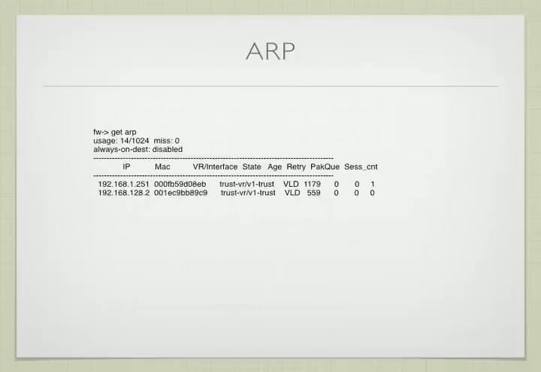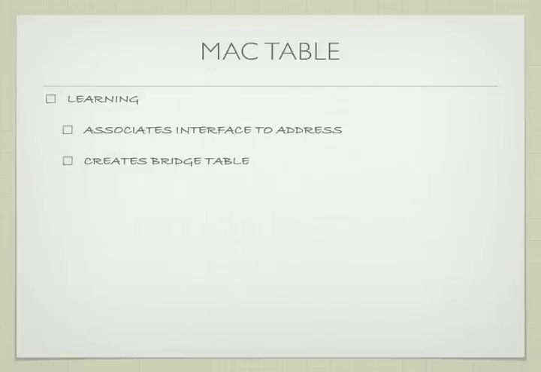Our ARP table will show us what IP addresses are associated with which MAC addresses that the device is seeing transit traffic for, and the general usage statistics. The MAC table will show the learning table that's here, what MAC addresses are associated with what interfaces, and also we can set static mappings.